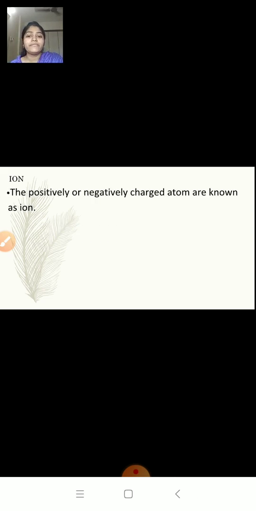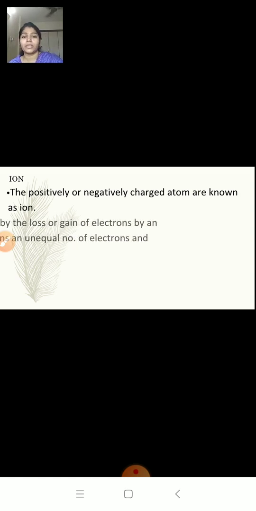Now let us learn what is an ion. A positively or negatively charged atom is known as an ion. So an ion can be positively charged or negatively charged. An ion is formed by the loss or gain of electrons by an atom. So an ion contains an unequal number of protons and electrons. Normally an atom contains an equal number of protons and electrons, but an ion contains an unequal number of protons and electrons.